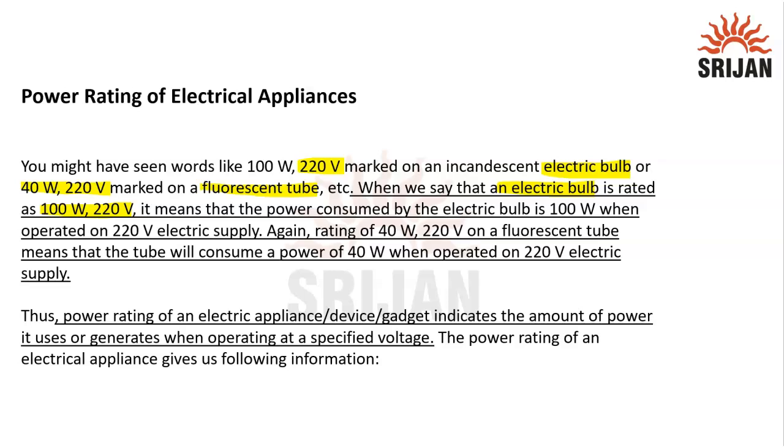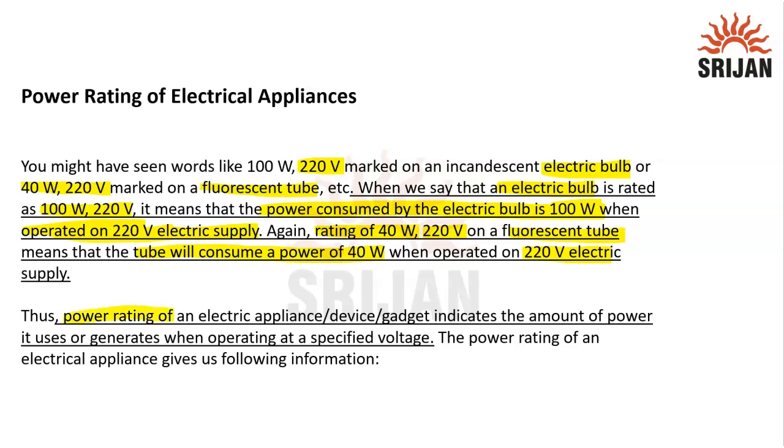It simply means that the power consumed by the electric bulb is 100 watt when it is operated on 220 volt electric supply. Again, a rating of 40 watt and 220 volt on a fluorescent tube means that the tube will consume a power of 40 watt when operated on 220 volt electric supply.